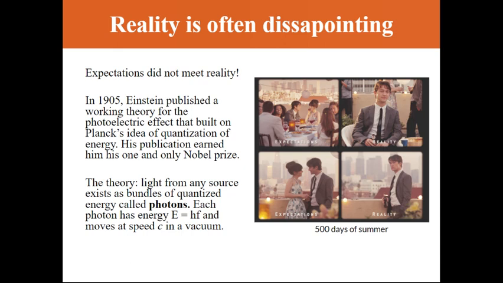Basically, much like Planck was saying, the theory says that light exists as quantized bundles of energy called photons, and their energy is proportional to their frequency. In fact, it's equal to Planck's constant times the frequency, and the speed of these photons is effectively the speed of light, at least in a vacuum.